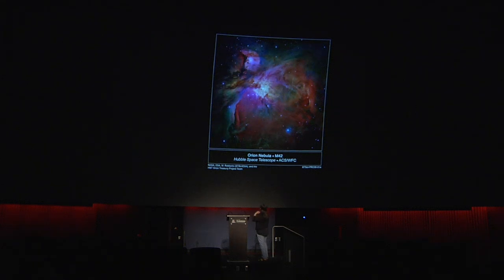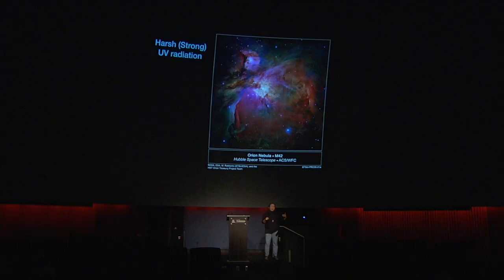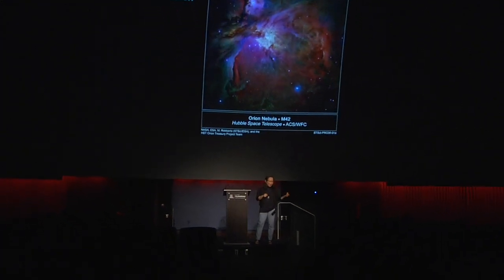And here is the Orion Nebula. M42, the Great Orion Nebula, is a harsh environment. Our nearest star system, Alpha Centauri, is about 4 light years away, and there's nothing between us and Alpha Centauri. We have to fly quite far.